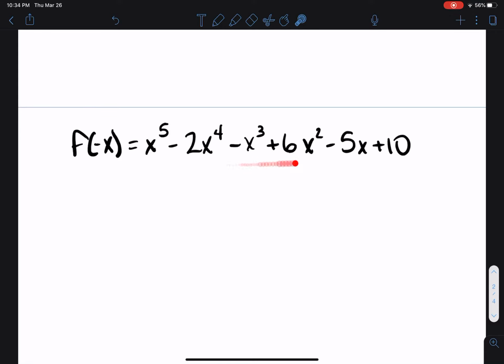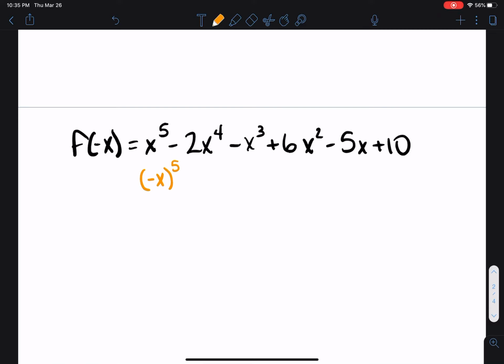This isn't correct yet. We need to write f of negative x. What if I had negative x replaced for this to the 5th power? Would it be negative or positive? Let's do a little side work here.